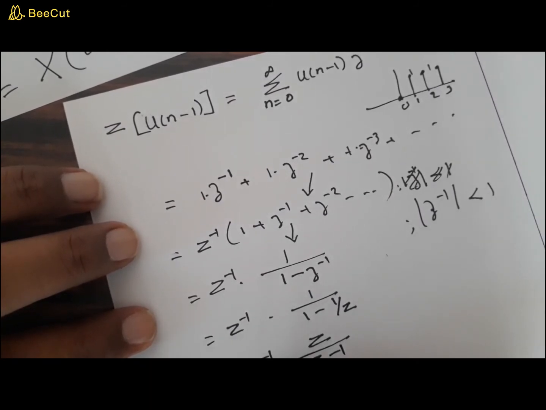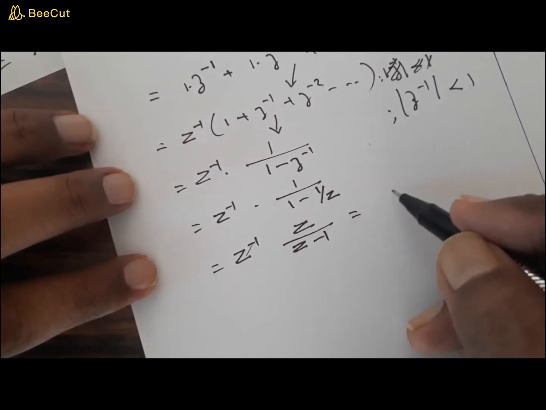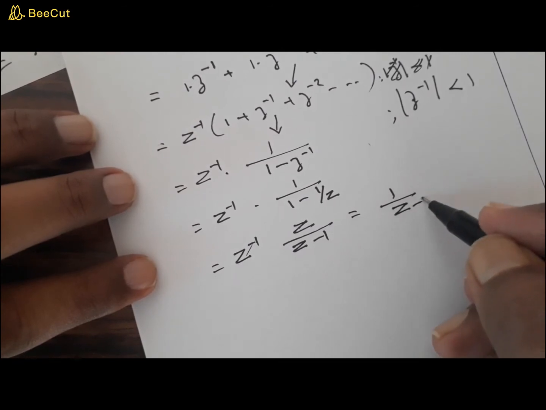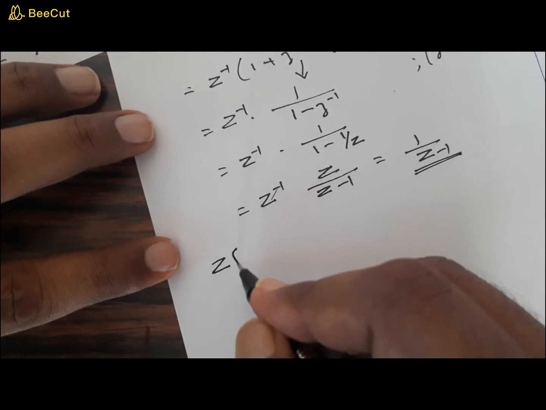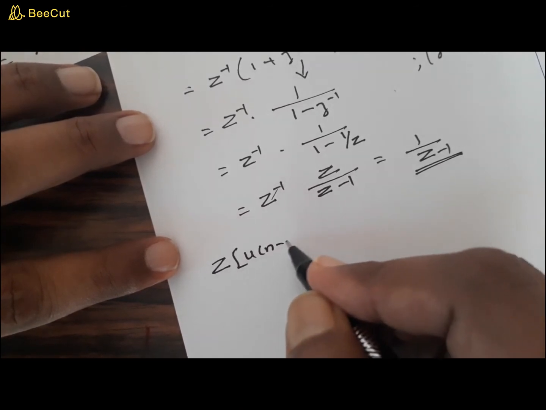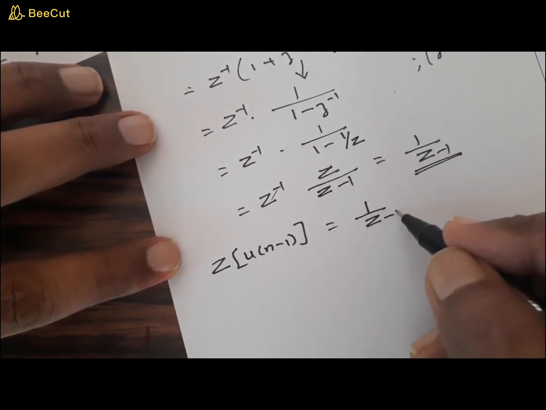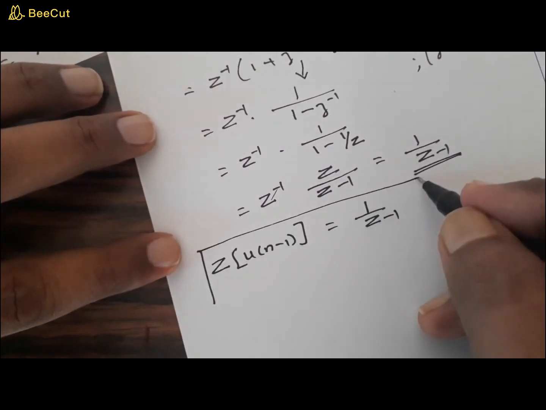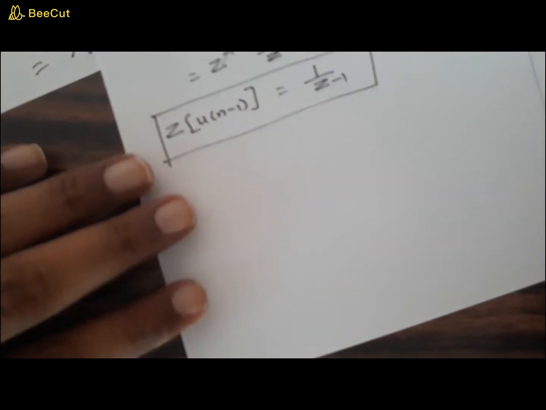The z and z raised to minus 1 cancel, so this becomes 1 by z minus 1. So what is the z transform of u of n minus 1? It is 1 by z minus 1. This is a standard result, you need to remember this by heart.